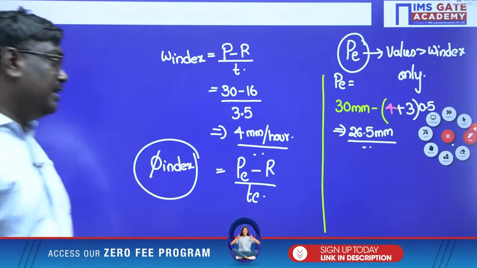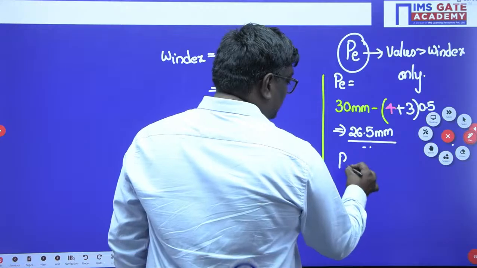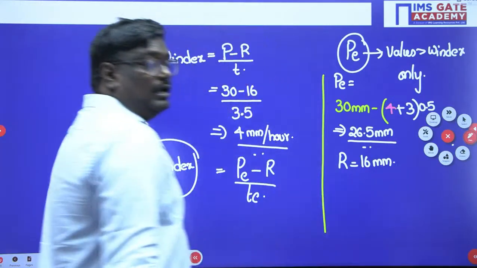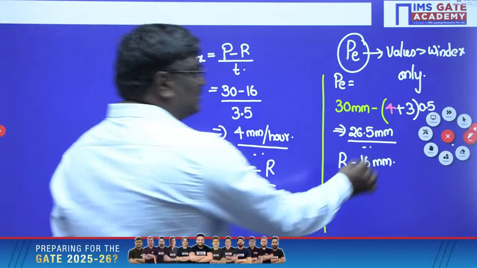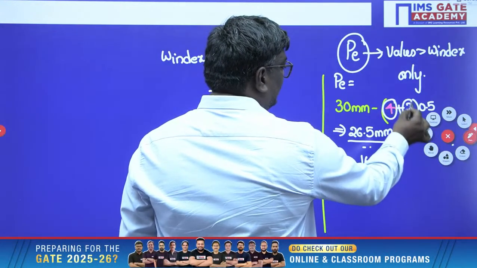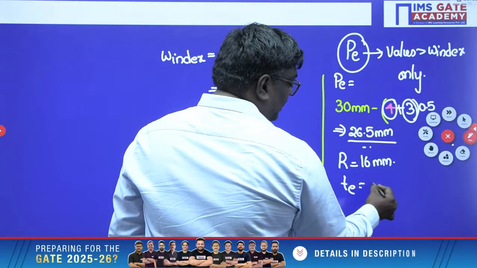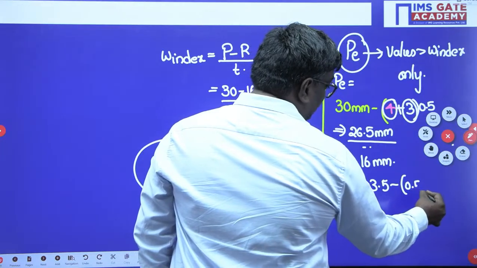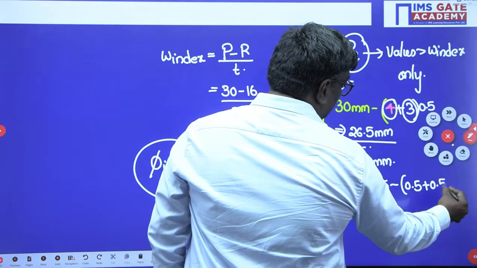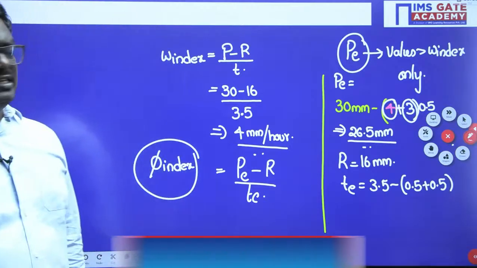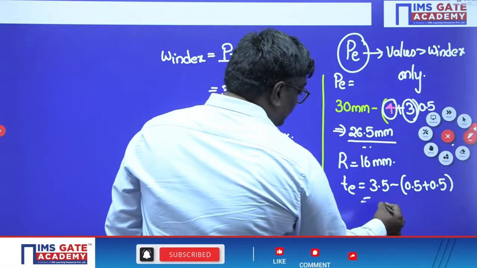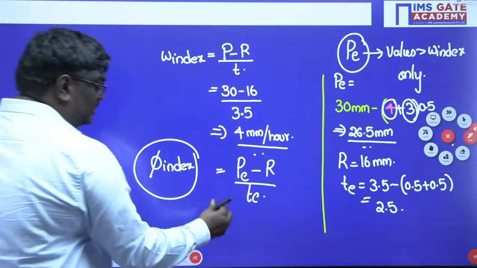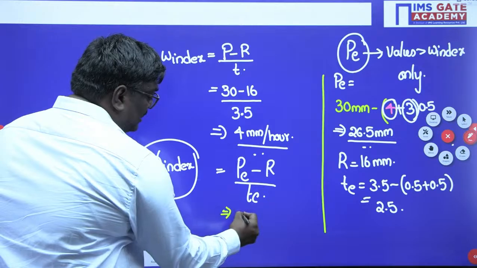Now you know already the runoff. What is the runoff? 16 mm. Okay. Now again, time of excess. How many intervals are we removing? One interval here. So time of excess: total time is 3.5 minus 0.5, because there is one interval which you have to remove. Are you clear, students? So here the time of excess is equal to 2.5. Now you just plug in the values.